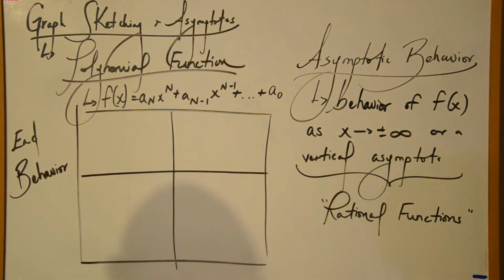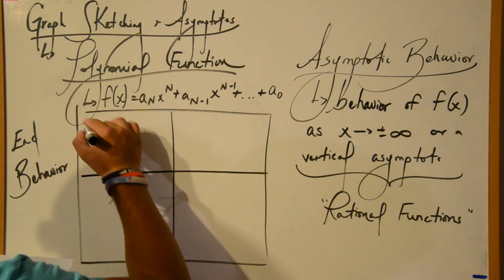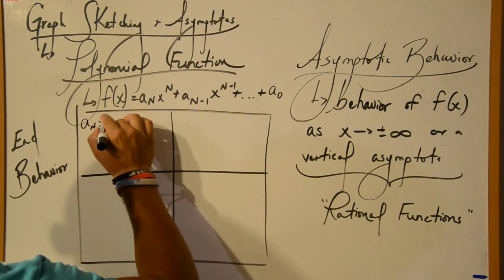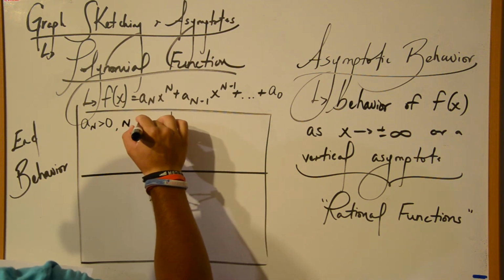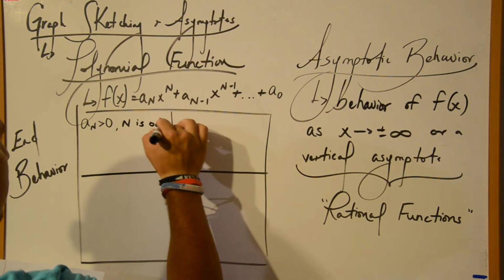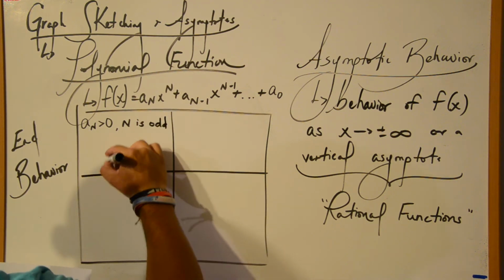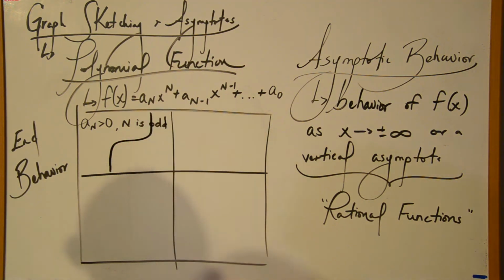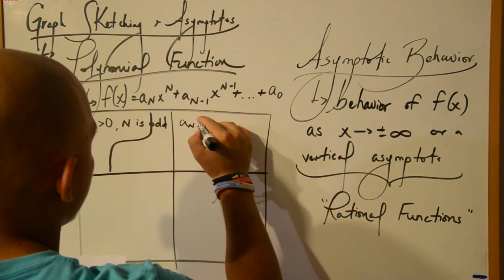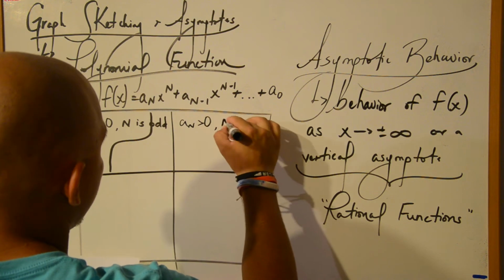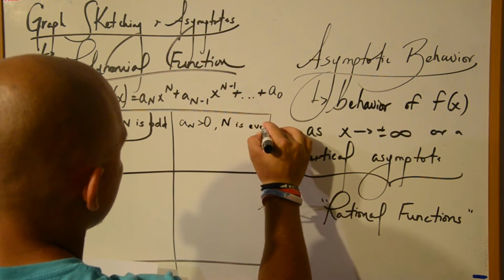This looks like a graph, so let's make it look more like a box. Okay. In the event that we have a positive leading coefficient, but we have, let's say, an odd degree, our function will look something like this. Let's say that we have, once again, a positive leading coefficient, but n is even.